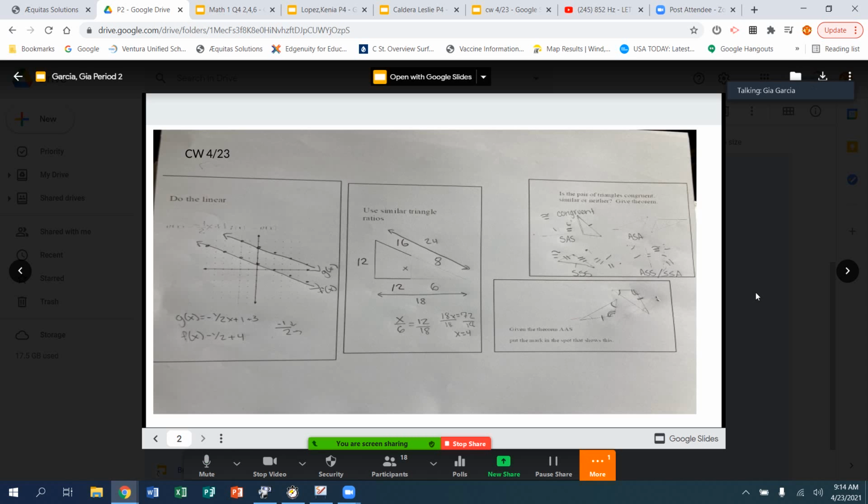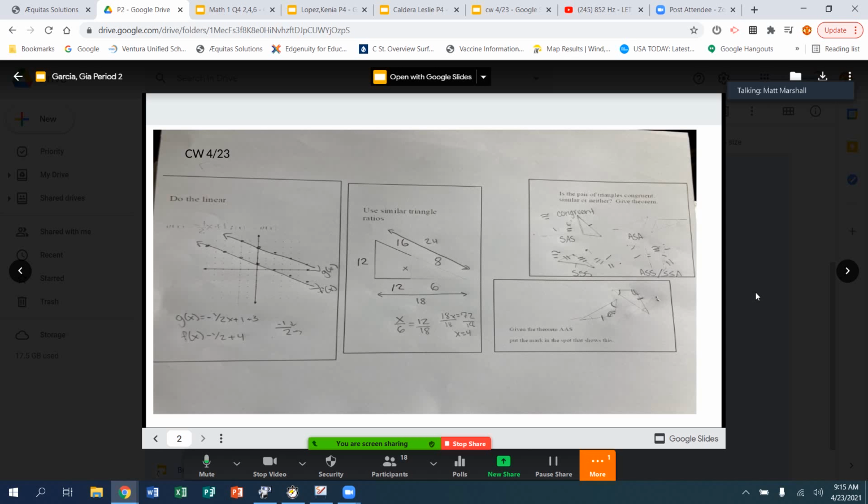So for the first one, because if you go on the other side, it's that side with the opposite, and then the last one is SSA or ASS.